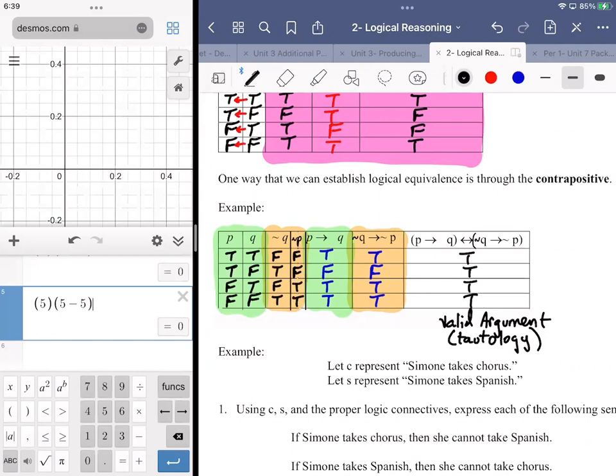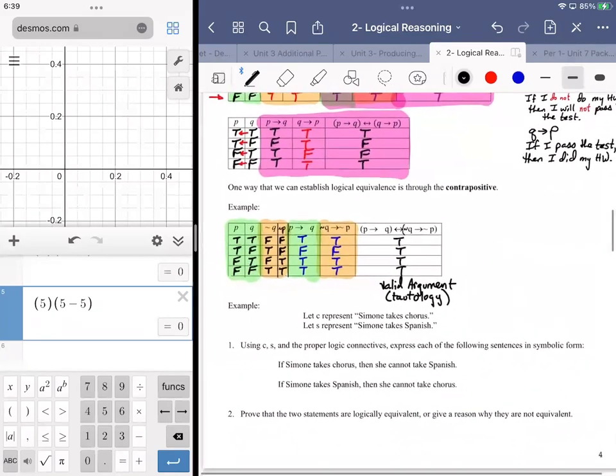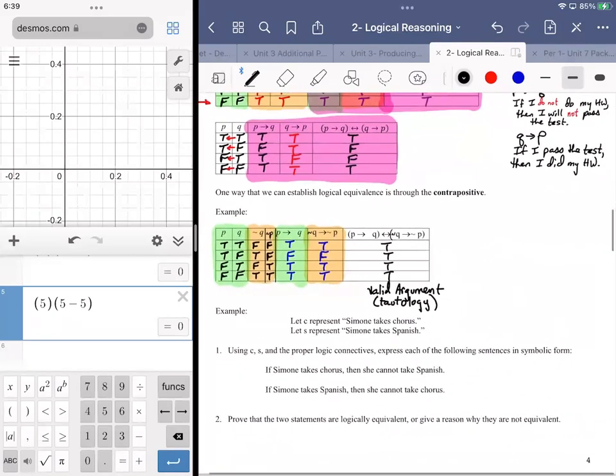If the original conditional sentence is true, the contrapositive will also be true. If the original sentence is false, the contrapositive will also be false. It's not guaranteeing that conditional sentences are always true, just that the conditional and its contrapositive will always be equivalent.